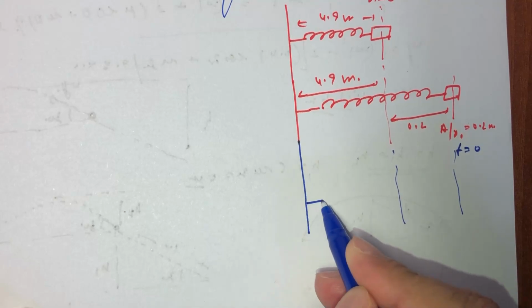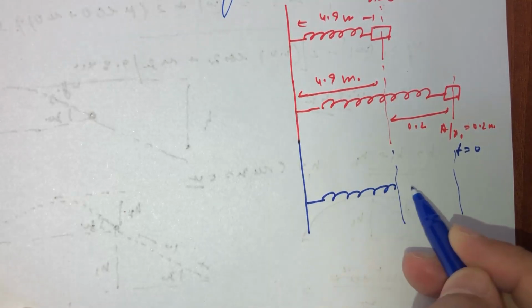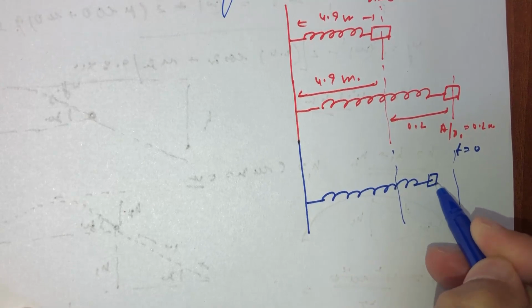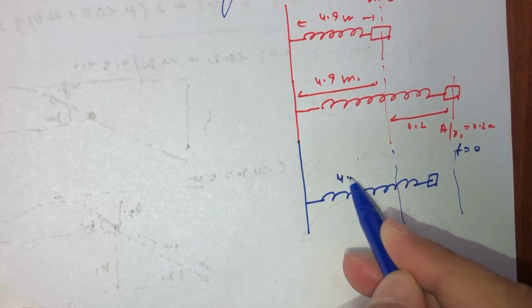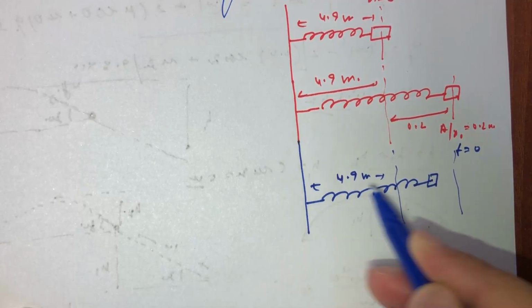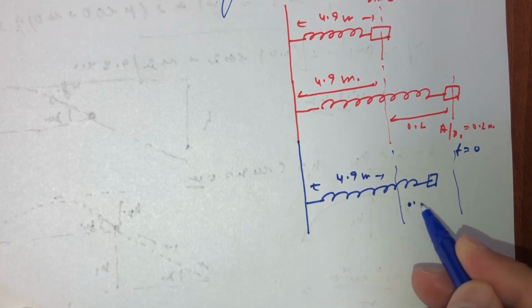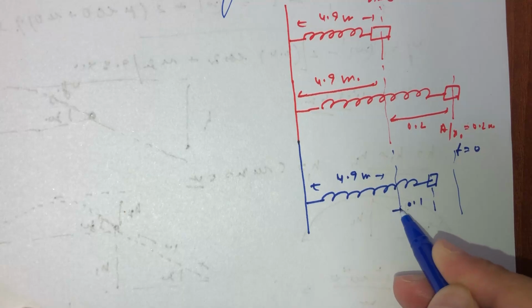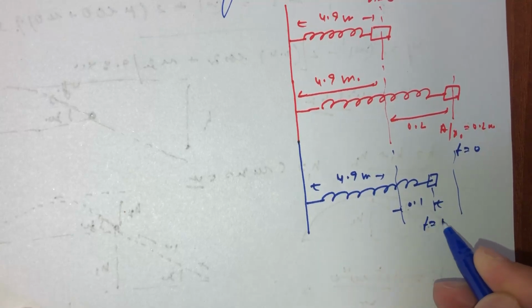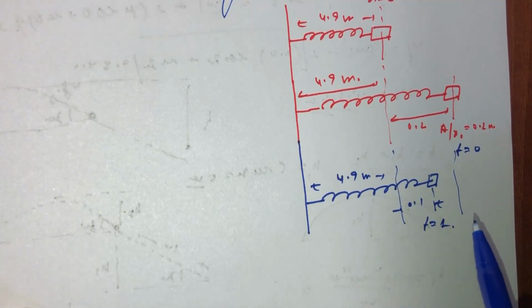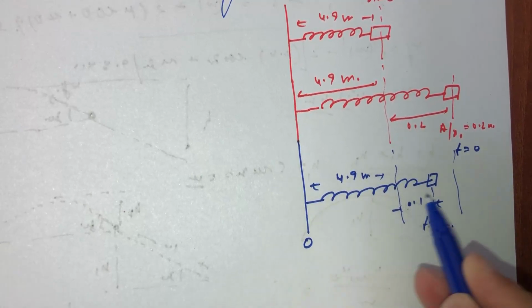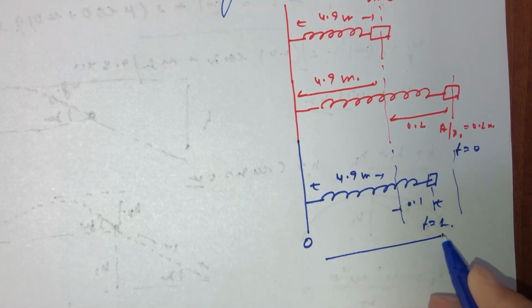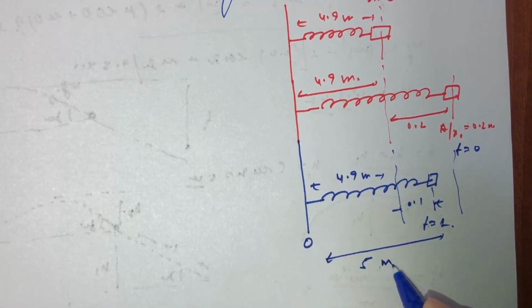So now the block will be somewhere here, and this is still our 4.9 meter, and from the equilibrium position this will be 0.1 meter, and this is at t equal to 1 second. So the total distance from point O is our 5 meters.